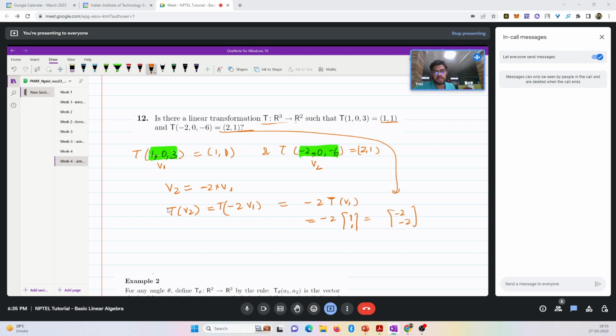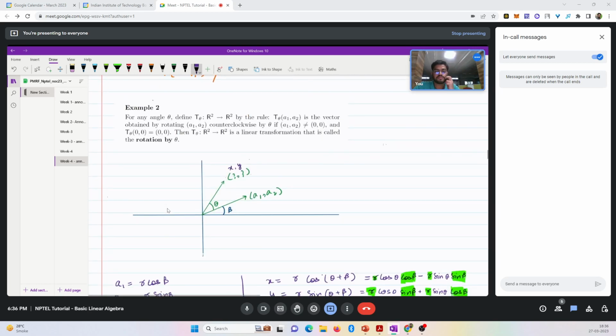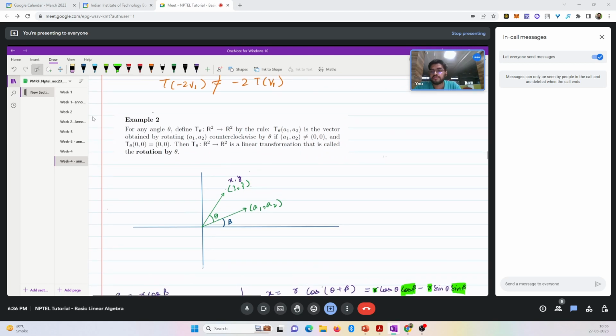So according to the given condition, T(-2 v1) is not equal to -2 times T(v1). Hence, there can't be a linear transformation which satisfies these properties. So this is not possible. The question was, is there a linear transformation? The answer is no, there is no linear transformation that can satisfy this. Okay.